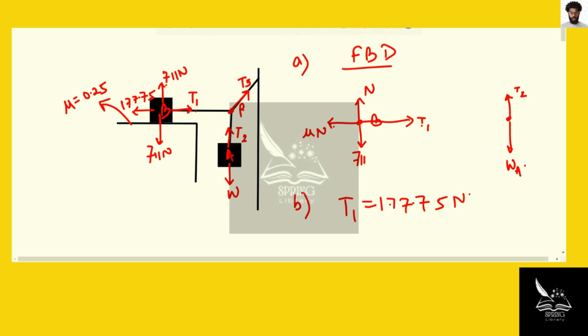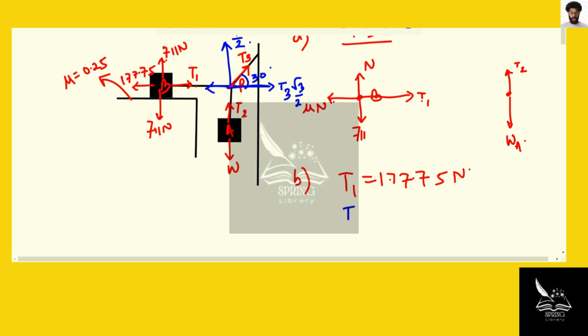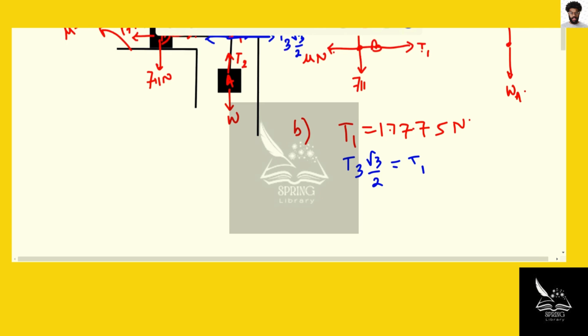and here we have been given that this angle is 30 degrees, so we can project this T3. Along the horizontal it will be T3 cos 30, that is root 3 by 2, and along the vertical it will be T3 sin 30, that is T3 by 2. So along the horizontal direction, T3 times root 3 by 2 will be equal to T1, and from here we get T3 as 177.75 times 2 by root 3.